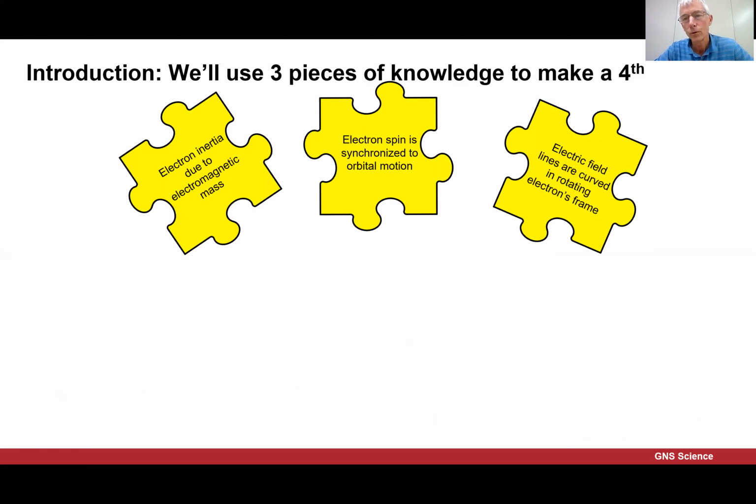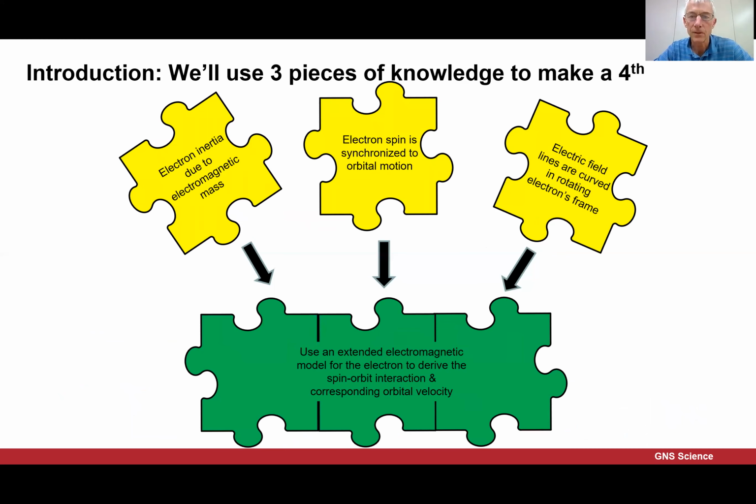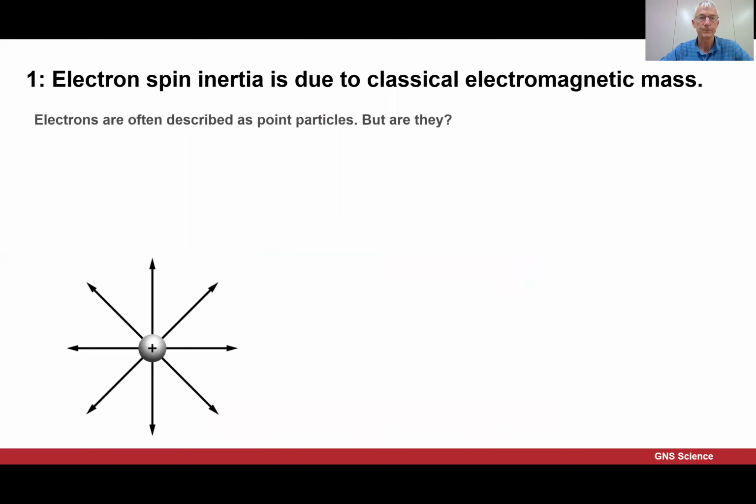And the third piece of knowledge we'll bring to the fore is that the electric field lines are curved in the electron's rotating frame of reference. And we'll combine these pieces of knowledge to investigate how the extended electromagnetic model for an electron can be used to derive the spin-orbit interaction and corresponding orbital velocity, to get a surprising and very interesting result.